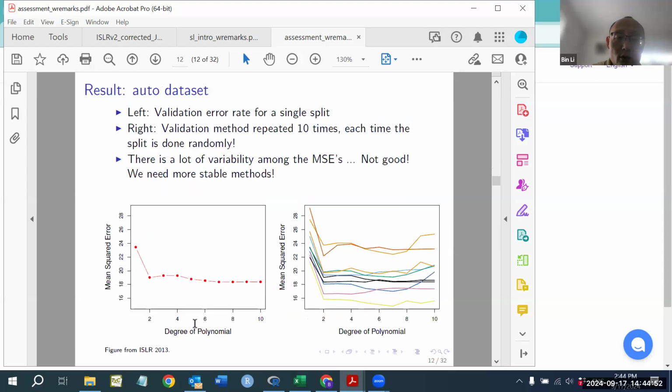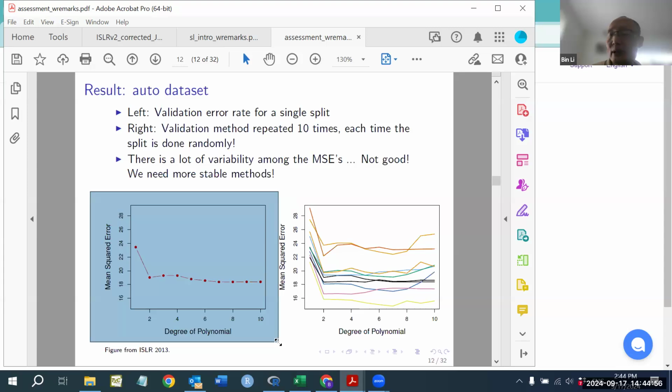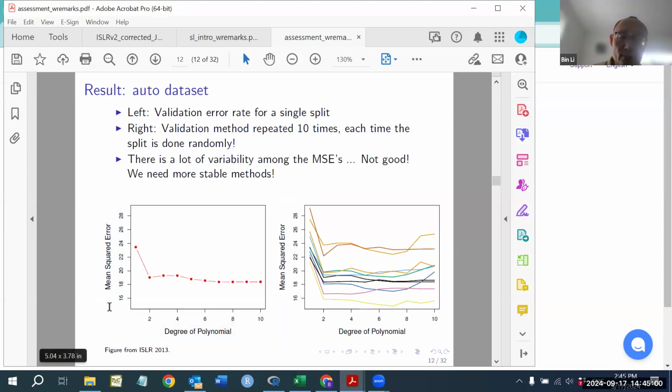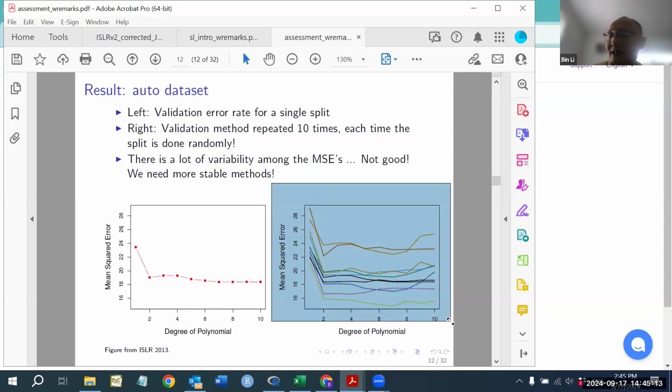So this is one particular result that shows the MSE, the mean squared error, on a particular validation set. And this shows the results of 10 splits.